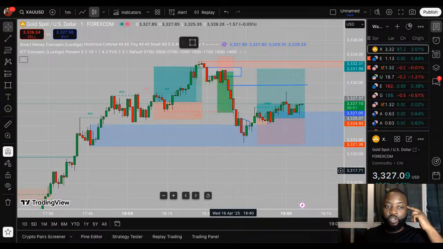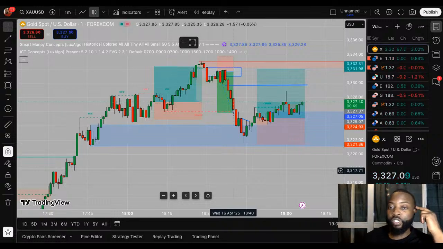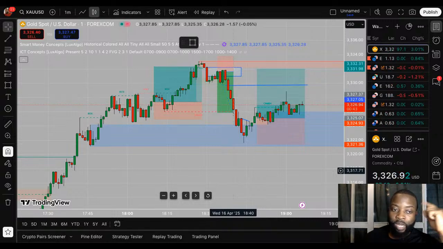It affects your mind as well, because trading is a game of psychology. It's a game of the mind. Trading is not just about having a strategy. It's all about having the right mindset.